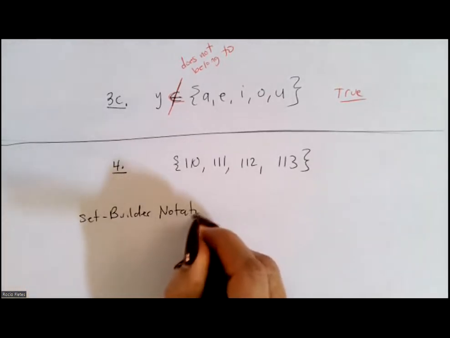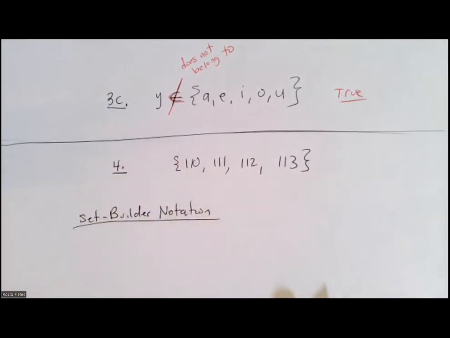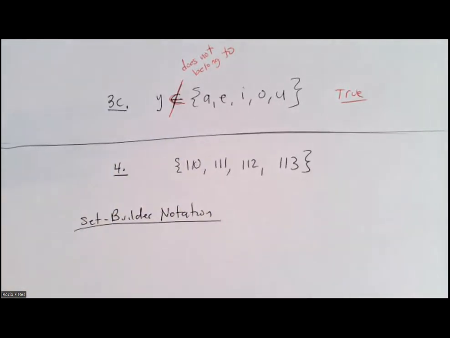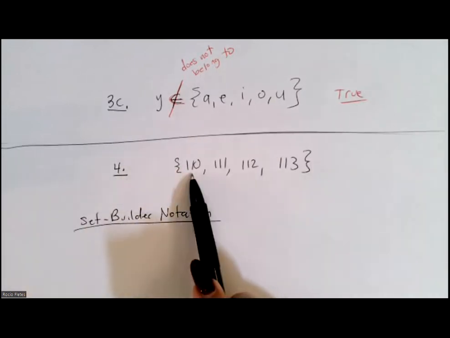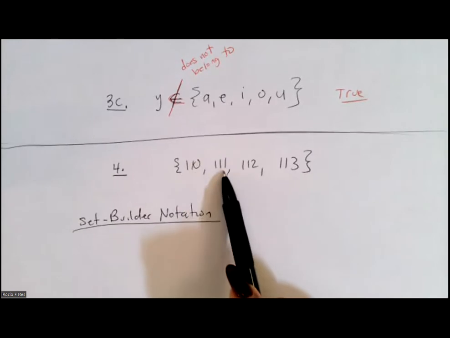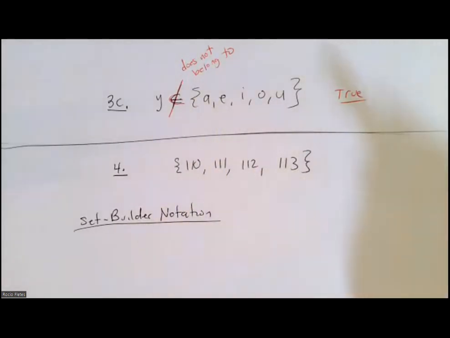The set builder notation is just going to give a definition of the set. So one way you can define this set is by looking at the numbers and seeing, what are they? These are natural numbers, right? No fractions: 110, 111, 112, 113.